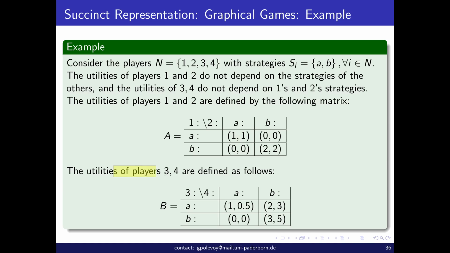The utilities of players 3 and 4 are defined as follows. By the way, you can look at these games as a subgame in an extensive game, because they don't depend on one another anyway. But now, if one acts before the other one, then the subgame, only the one who acts afterwards, may know what the first person did.